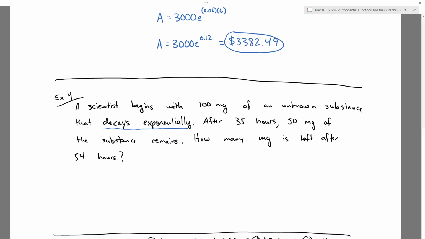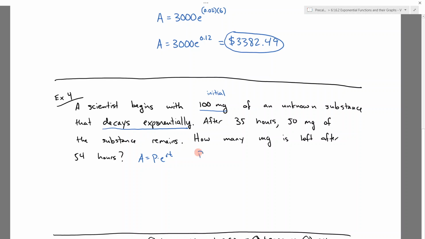Okay. So we know that it decays exponentially. So we have to use the A equals P times e to the rt formula. So we know the initial amount is 100 milligrams, so this is the initial.